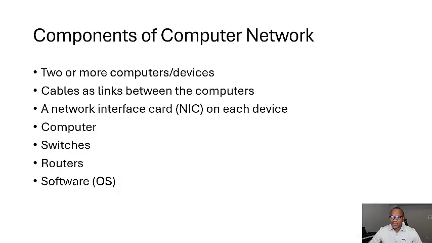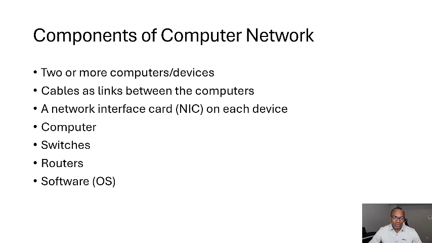And if you look at components of computer network, you have 2 or more computer devices that have to be involved. Then you look at cables or wireless network to link the computer devices together. You look at your network interface card, which the cable will be connected to, or which the wireless network will be connected to.